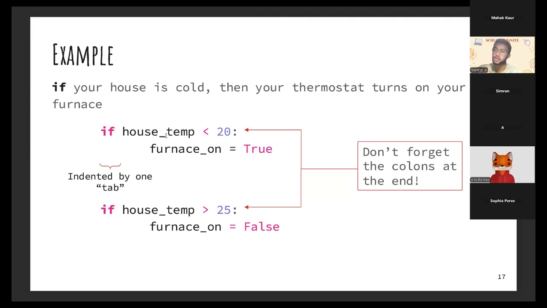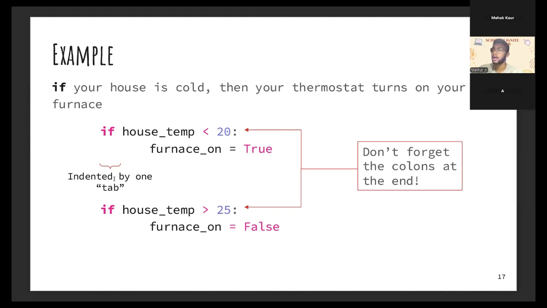If your house gets too cold, your furnace would turn on. And if your house gets too warm, meaning greater than 25, your furnace would turn off. That's how if statements work. The code that's indented one to the right runs inside the if statement, so the code furnace on is actually inside the if statement here.